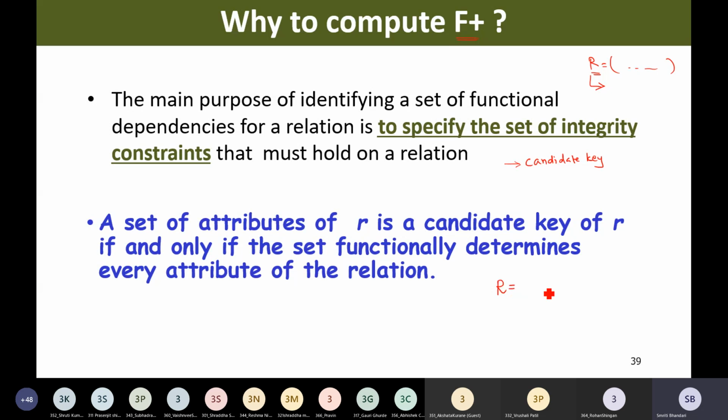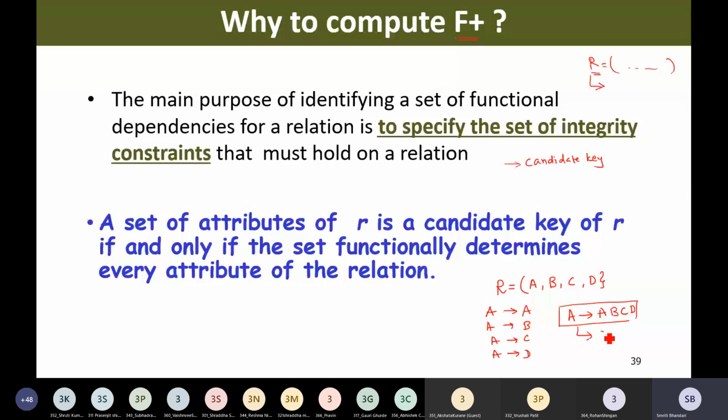What does this mean? Suppose I have a relation schema R with 4 attributes, say A, B, C, D. I may say that A is my candidate key if and only if A determines all the attributes of R. So A should determine A, A should determine B, A should determine C, and A should determine D. Ultimately, A should determine all the attributes A, B, C, D of my relation.